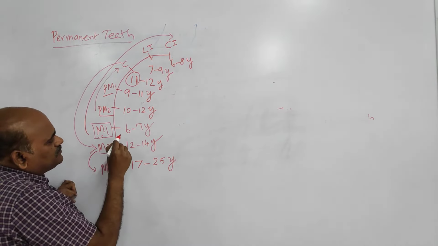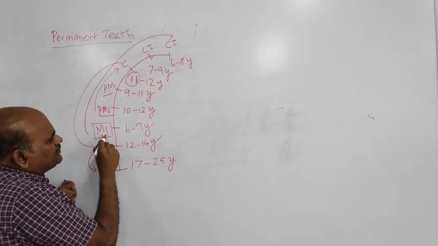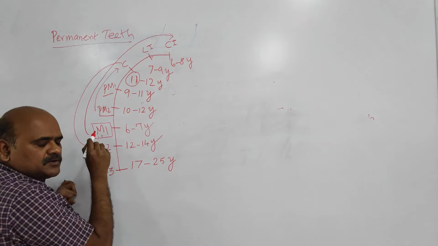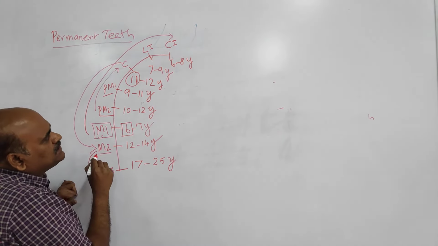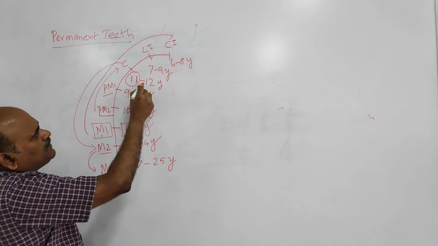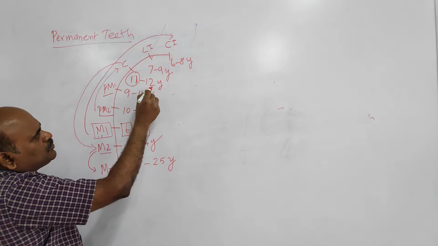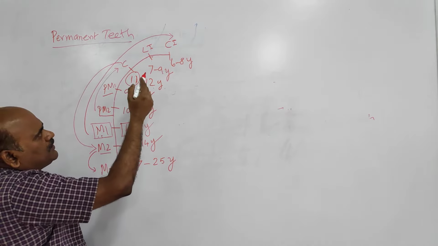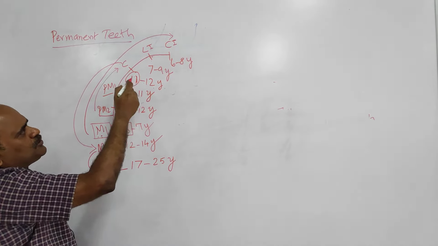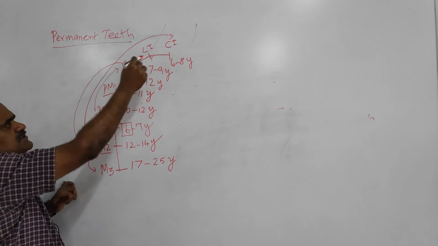So from the day of eruption of this permanent first molar, which occurs as early as 6 years, till the eruption of permanent canine, which occurs between 11 to 12 years, the last temporary tooth to fall and be replaced by the permanent tooth is the canine, as we are seeing in that sequence.